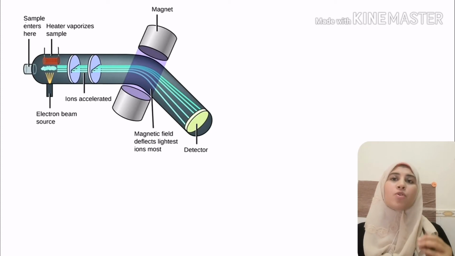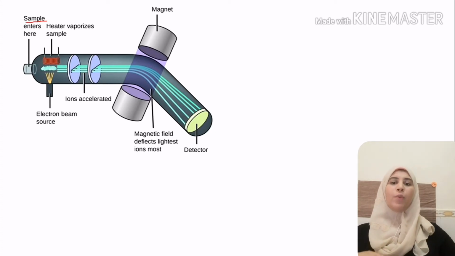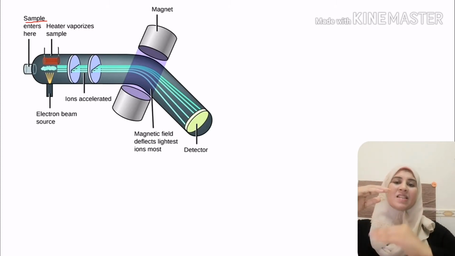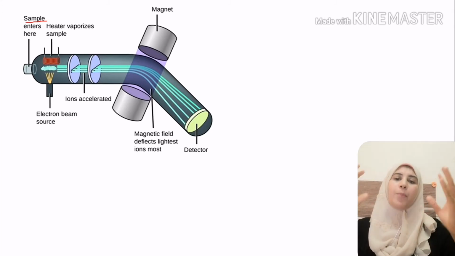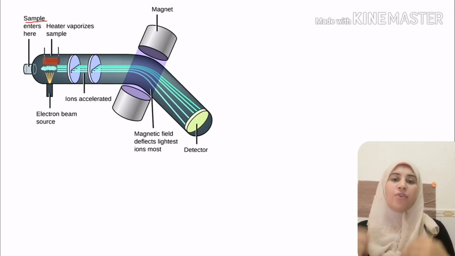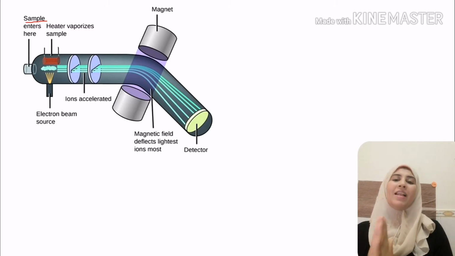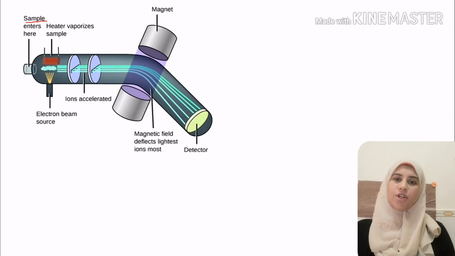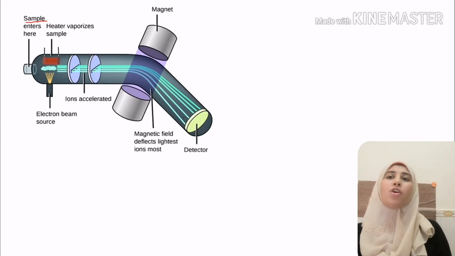Inside the mass spectrometer, we enter our sample. We heat the sample at very high temperature till vaporization. When it is converted into vapor, we make ionization for the sample inside our mass spectrometer.